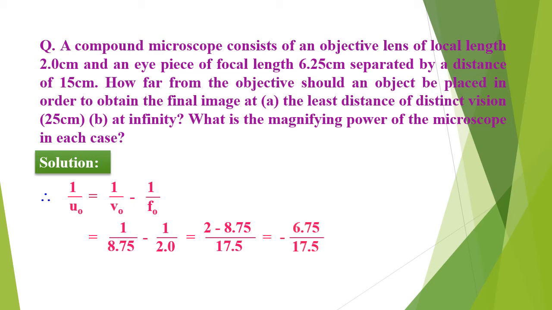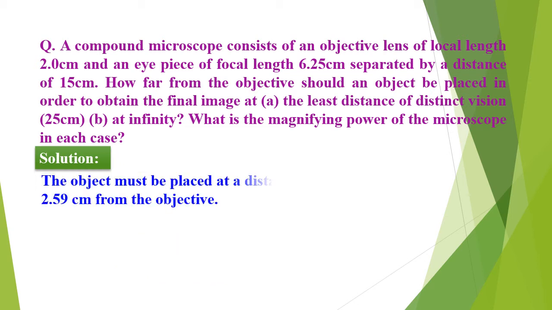This gives rise to minus 6.75 divided by 17.5. This implies UO value will become minus 17.5 divided by 6.75. This gives rise to minus 2.59 centimeter. The object must be placed at a distance of 2.59 centimeter from the objective.